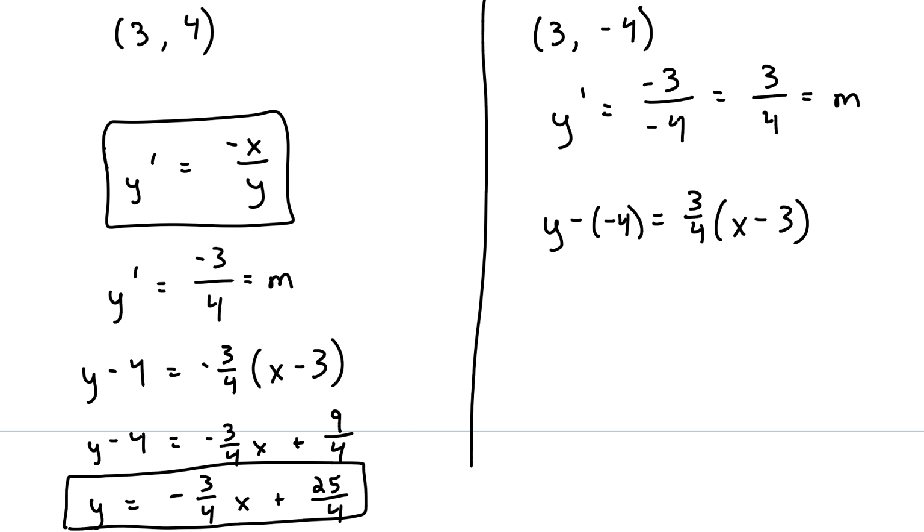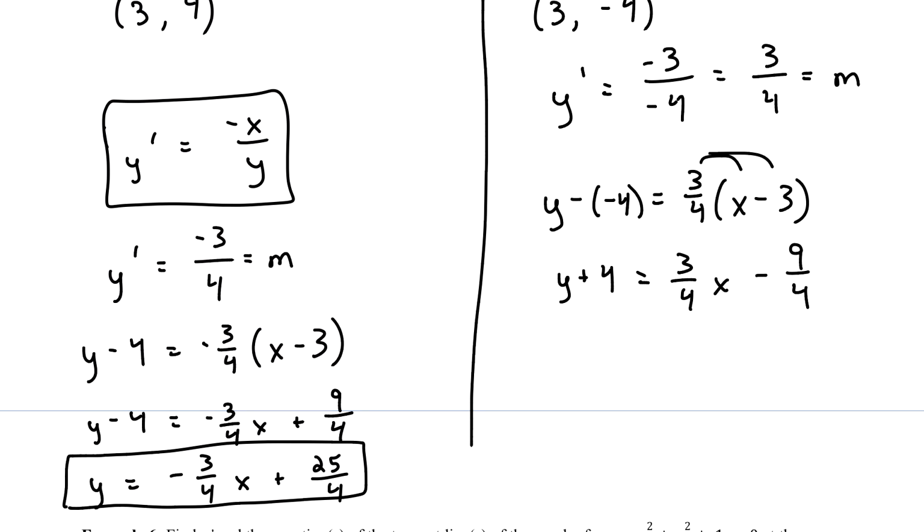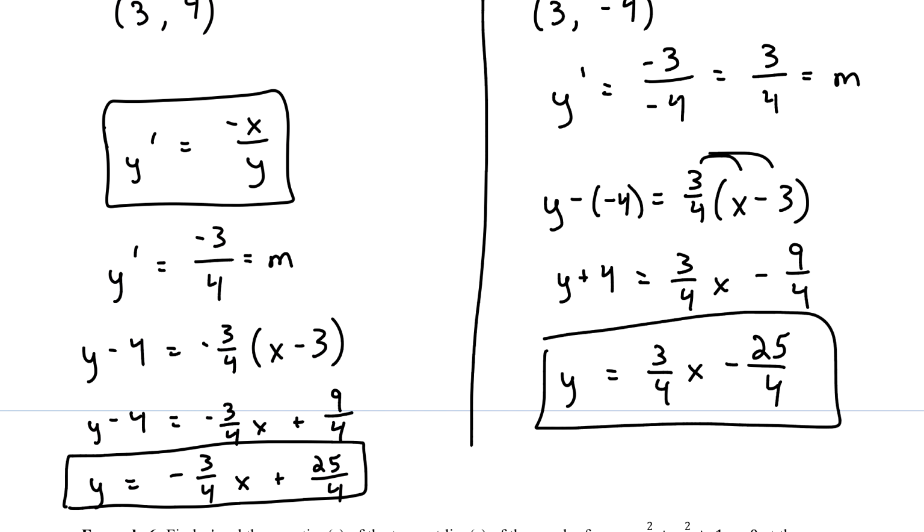That left-hand side, after I simplify, really says y plus 4 equals, on the right-hand side here, I'm just going to go ahead and distribute. So here I'll have 3/4 x minus 9 over 4, and then subtract 4 from each side. I should have y equals 3/4 x minus 25 over 4 after I find my common denominator.